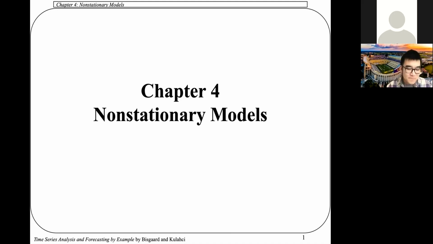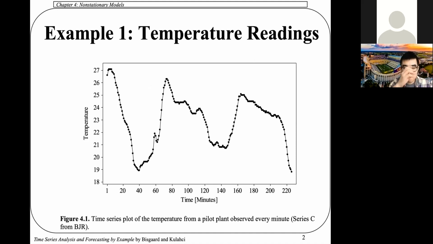Let's start this chapter again with an example. This example is temperature readings from a pilot plant observed every minute. What you can see from this graph is that it does not have a constant mean.